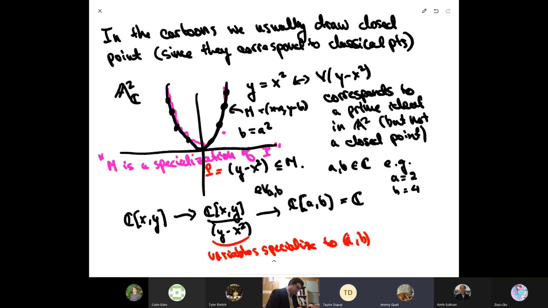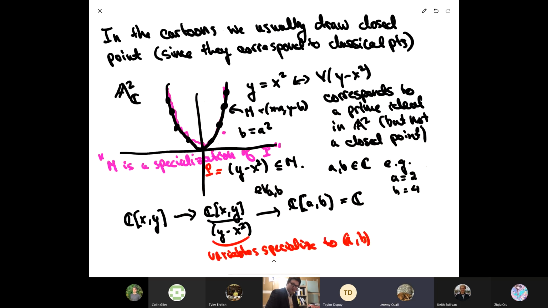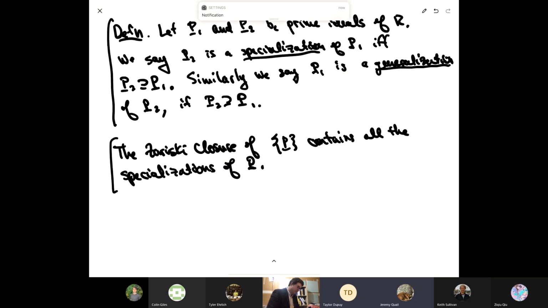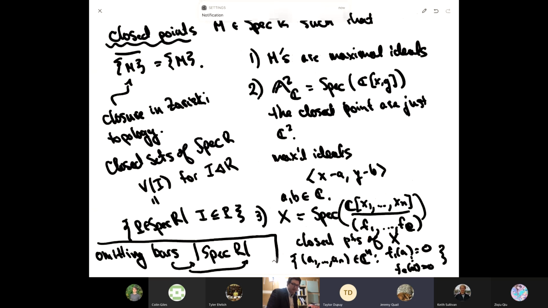This is the Zariski topology. You've even said that's just the closed point, right? So what's the closure of a point?